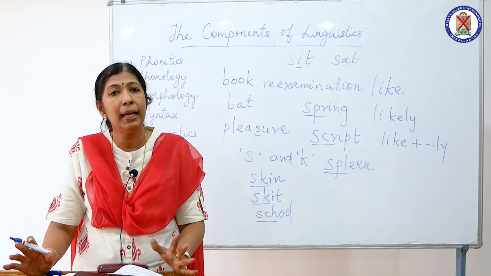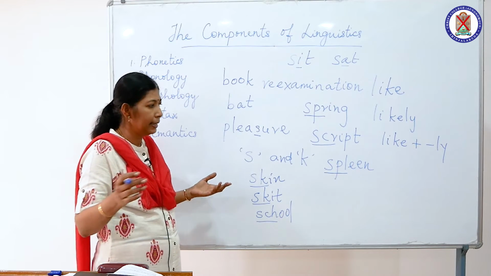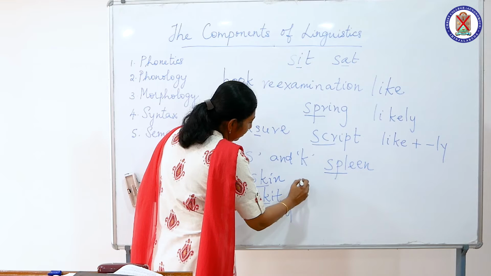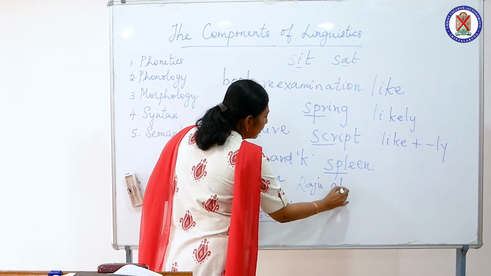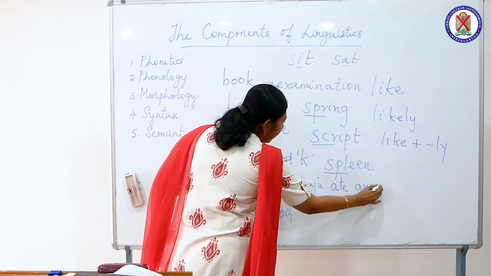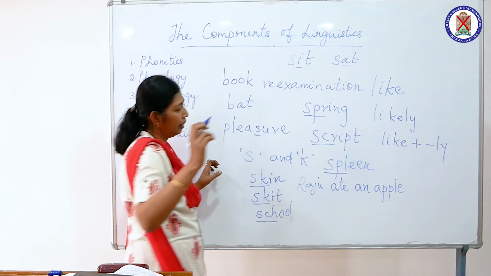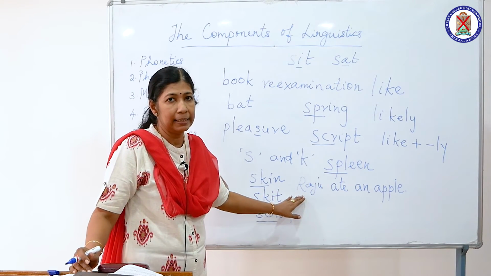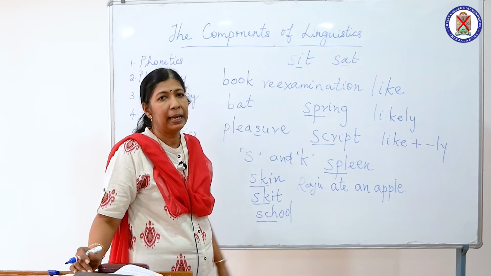So if language should communicate, the words in a sentence should be arranged not only in proper grammatical order, they should also be meaningful. If we consider a sentence like Raju ate an apple, we can say that this is a correct sentence. It is grammatically correct and it is also meaningful.